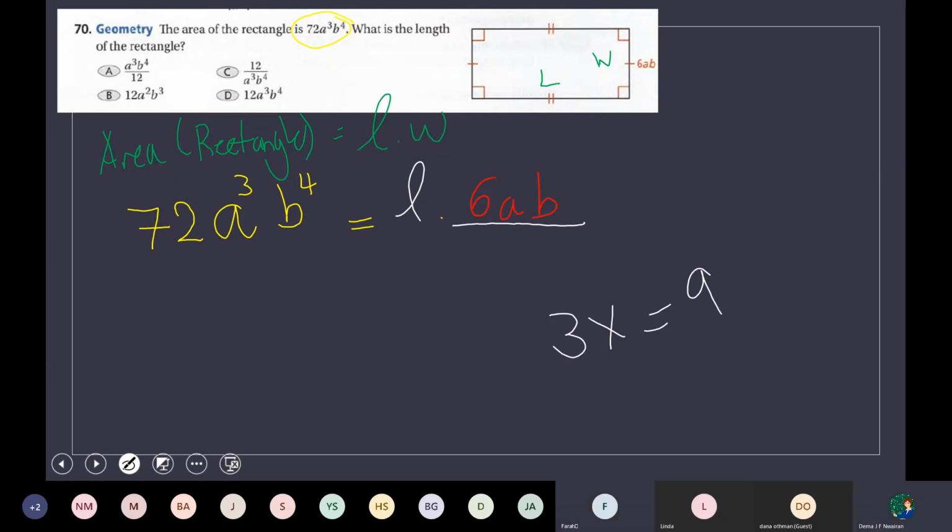Then the second question: is x multiplied, divided, added or subtracted with number 3? Multiplied. Exactly. So what is the opposite of multiplication? Divide. So I divide by 3, and I also divide the other term by 3, and I will find x.